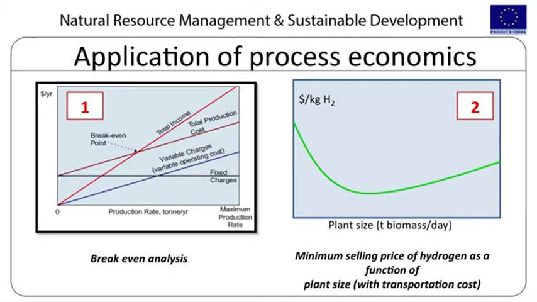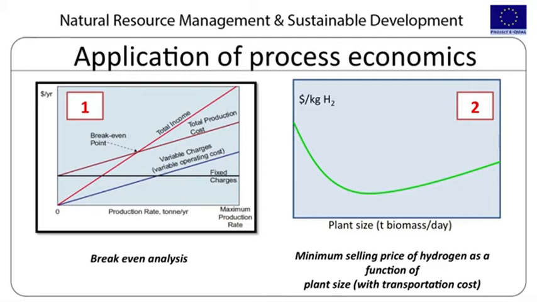However, total production cost consists of fixed charges and variable operating cost, which is a function of production rate. Example of fixed charges is equipment cost and variable charges may be fuel cost and labor cost. Plant capacity should be more than the break-even production rate with a margin.